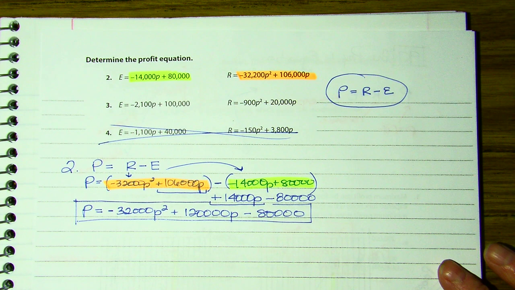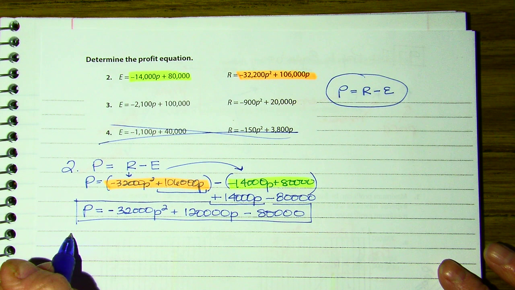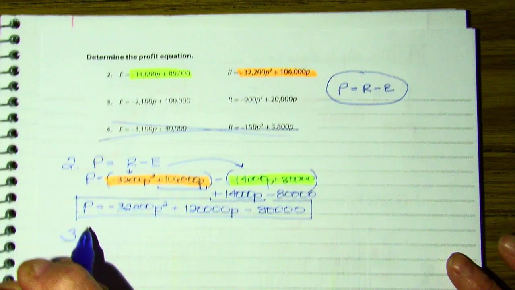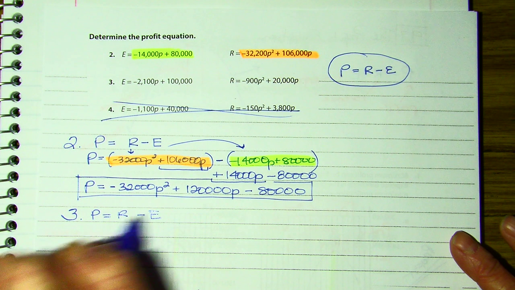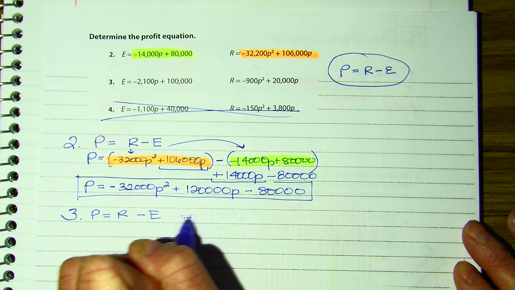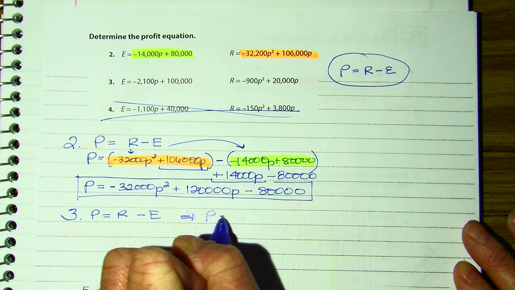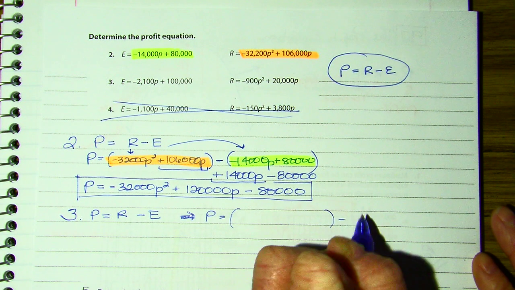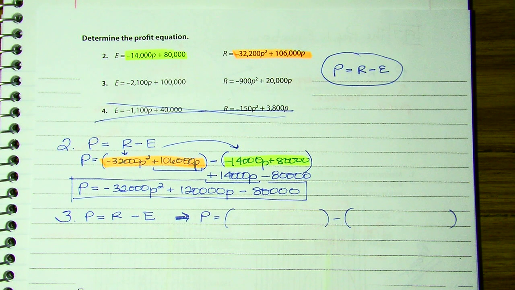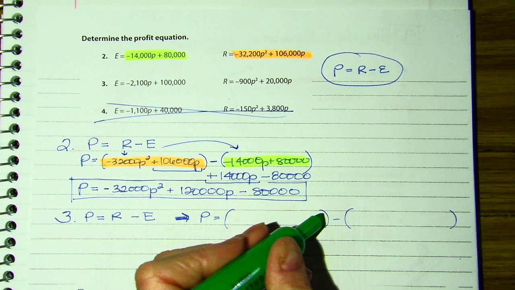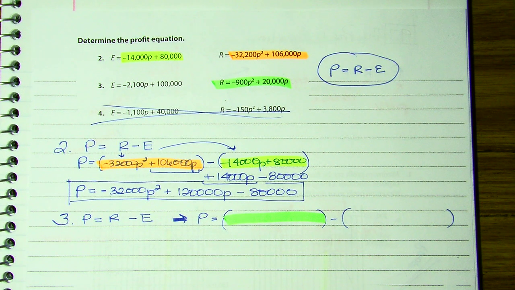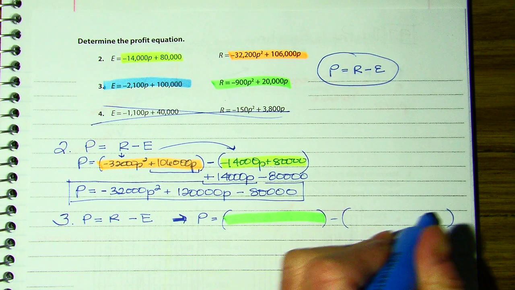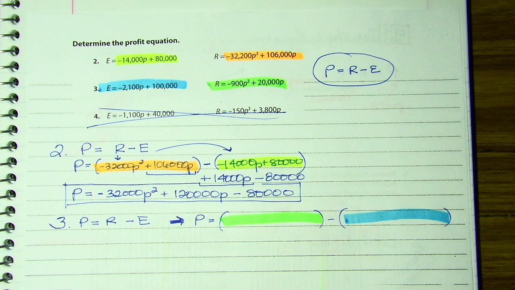All right, let's try number 3. So again, profit equals revenue minus expense. So our profit equals our revenue minus our expense. So I'm going to do revenue, which is here, and then expense will be written here.